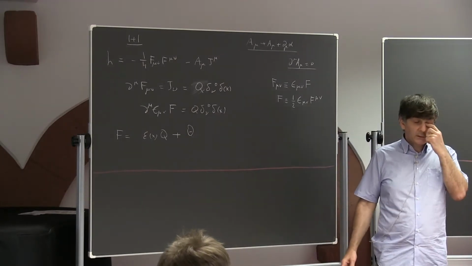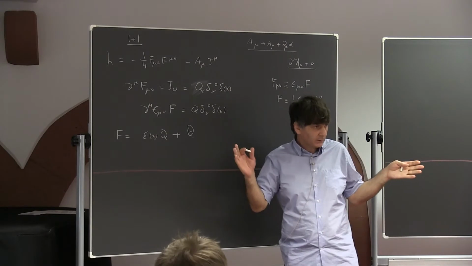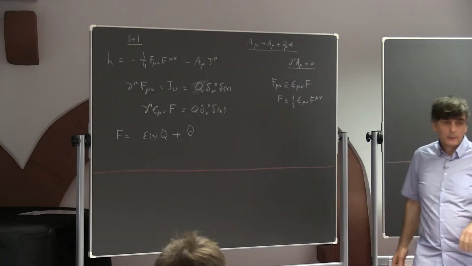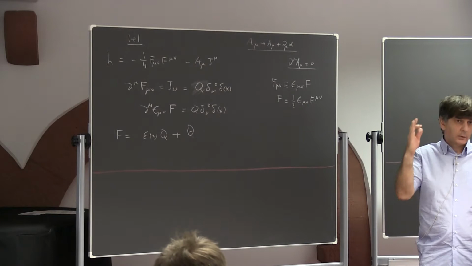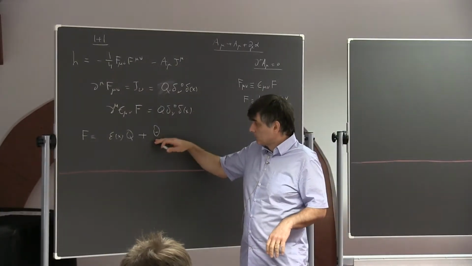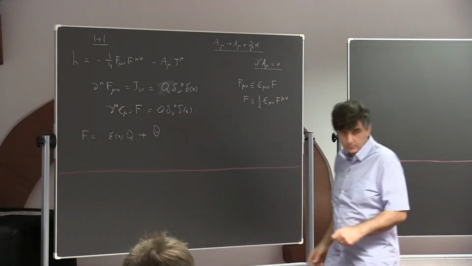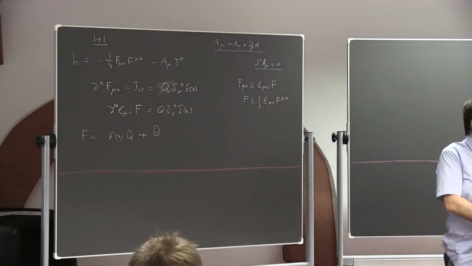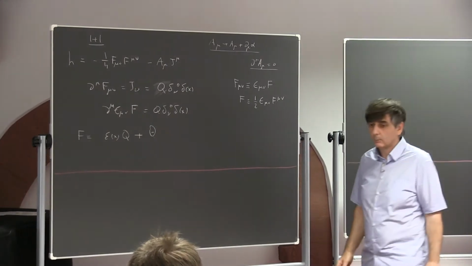Well, we can have transitions by a step q if we have heavy charges, but there are only limited transitions. And so we have these different superselection sectors, which are labeled by theta.